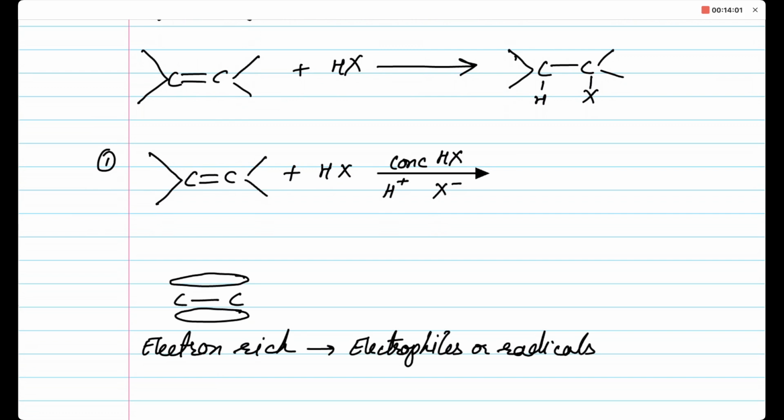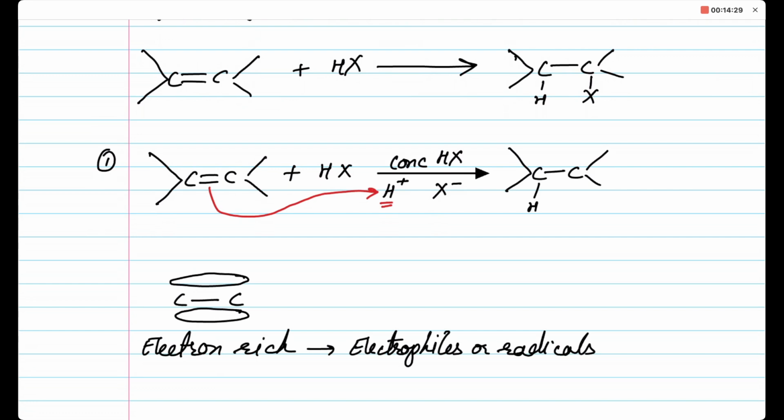So when we have H plus and X minus, this H plus has the capacity to attack the double bond. Hydrogen has a valency of 1 and it is not capable of expanding that valency by any means. So hydrogen is going to react and attach to one of these double bonded carbons. We could have the hydrogen attach to this particular carbon.